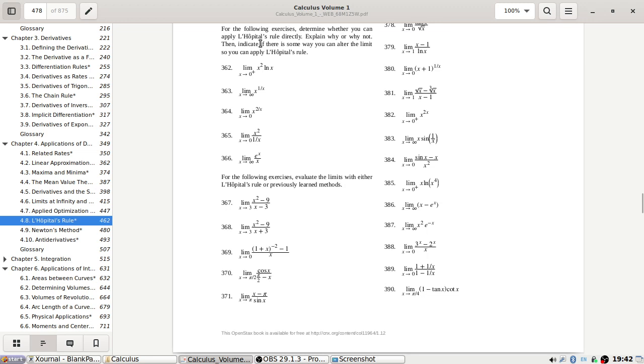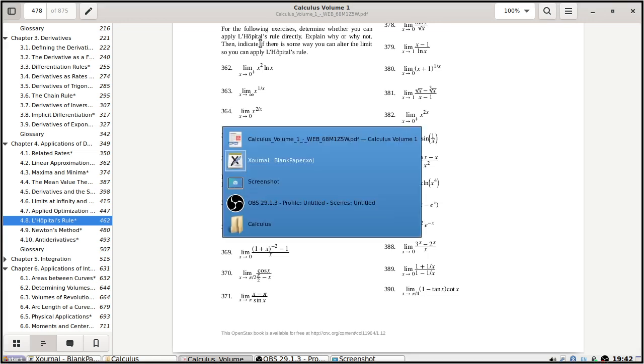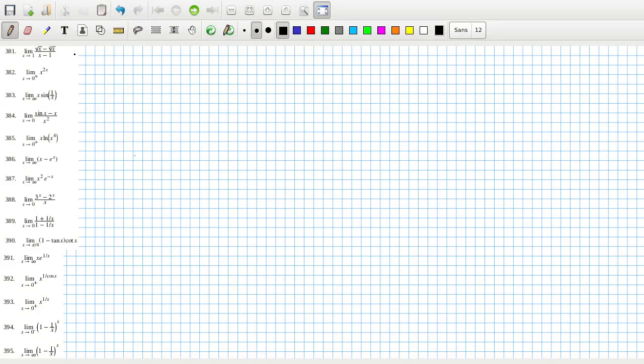The cube root. So yeah, let's use L'Hopital's here. Let's make the pen a bit smaller.